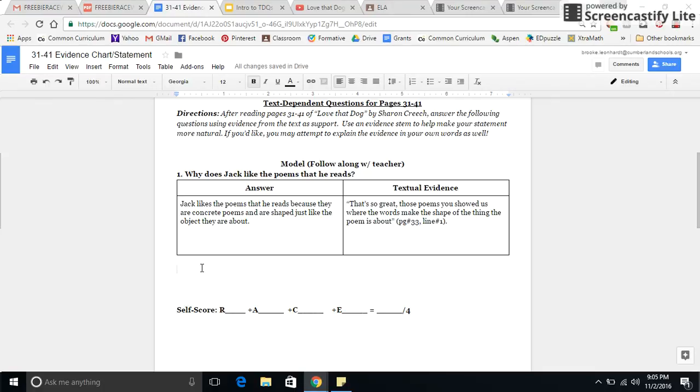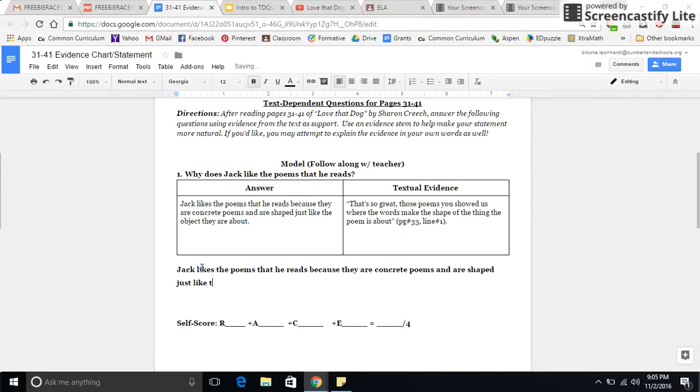You have lines here, but I'm typing mine out. Jack likes the poems that he reads because they are concrete poems and are shaped just like the object they are about. Okay? Oh, Miss Linehart said I can't quote bomb. So let me take out my resource sheet. I like this one.